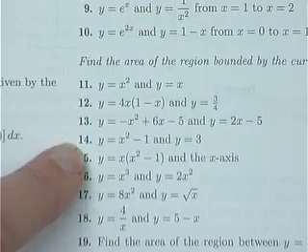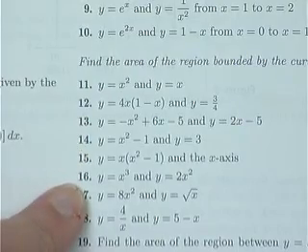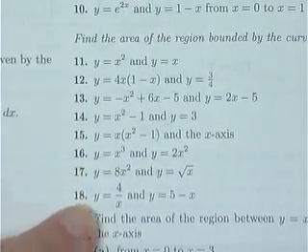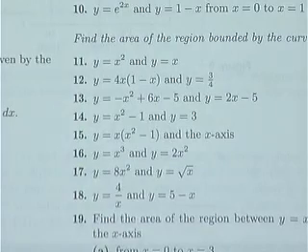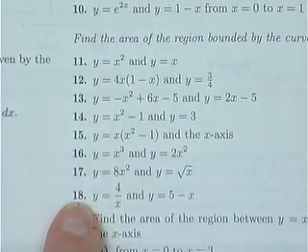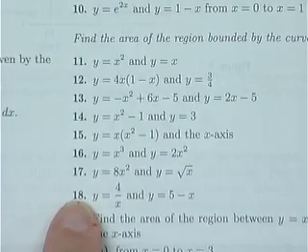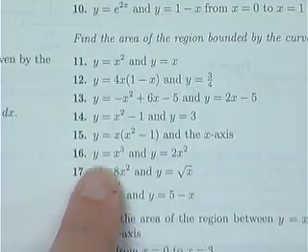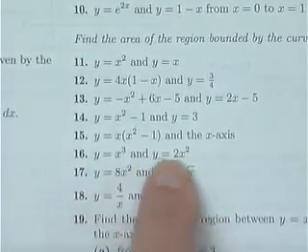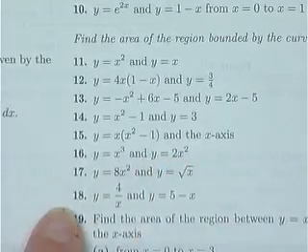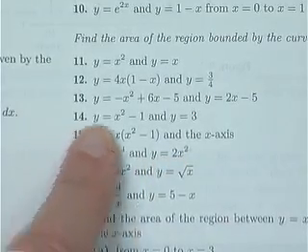Number 12, 14, 16, or 18. Which one do you want to do? I hear an 18. Do I hear anything else? 16 is one of those you're going to have to spread out. Let's do 14. 14 is pretty easy.